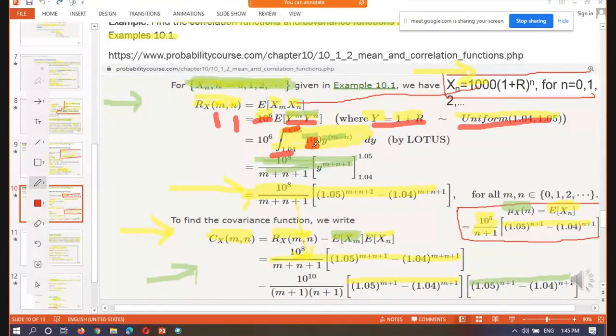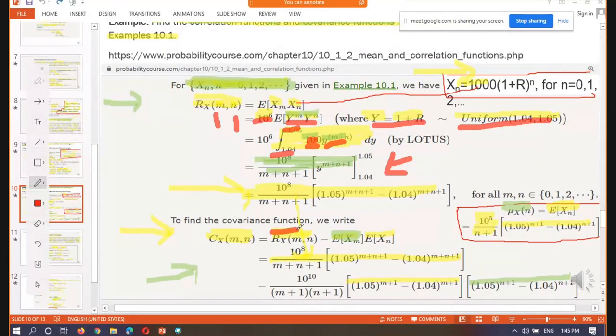So this is the value of the density function, times y raised to power m plus n, and after integration, this is the autocorrelation.